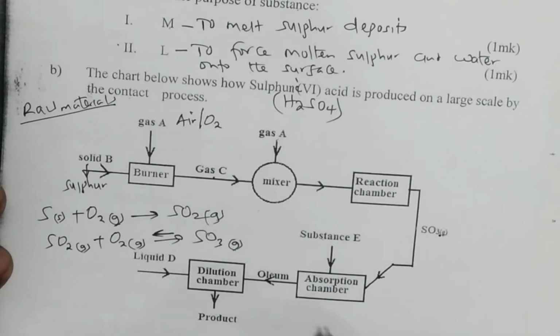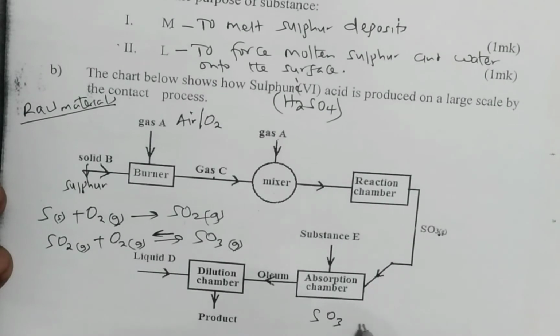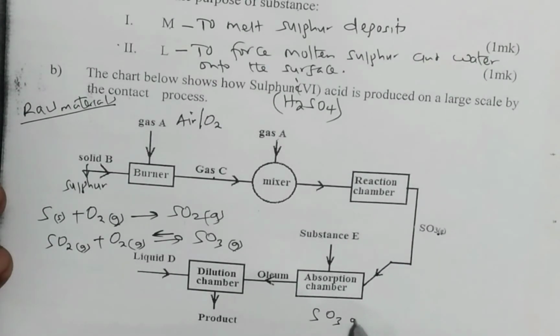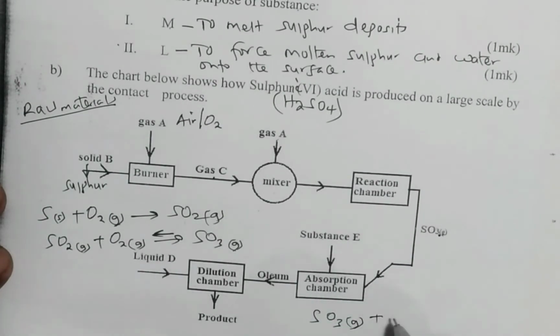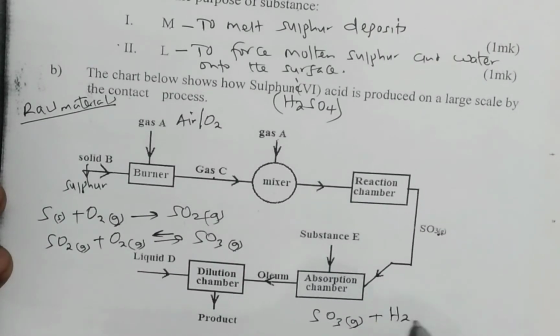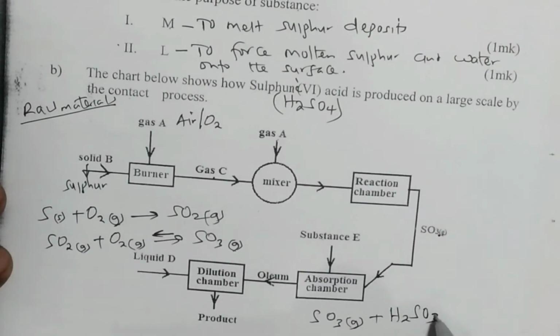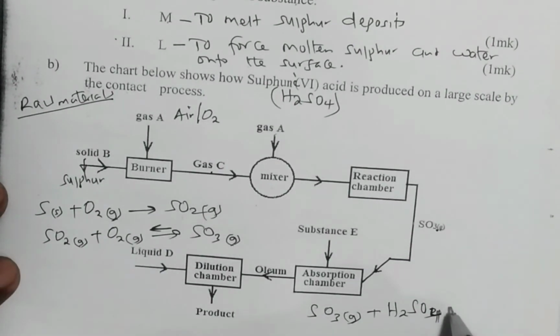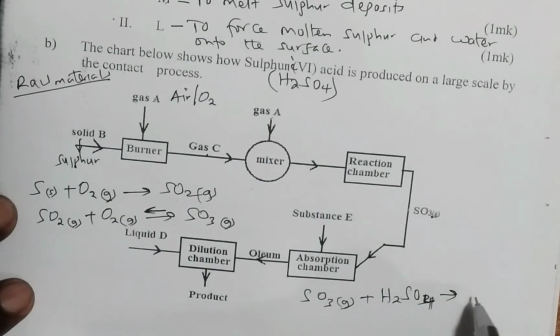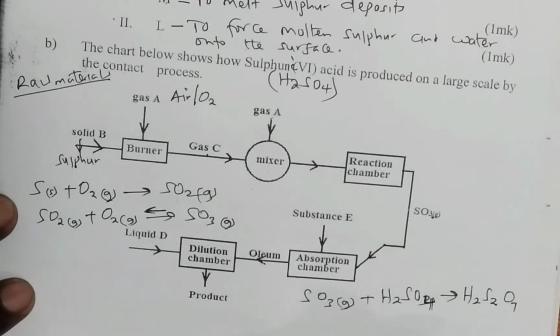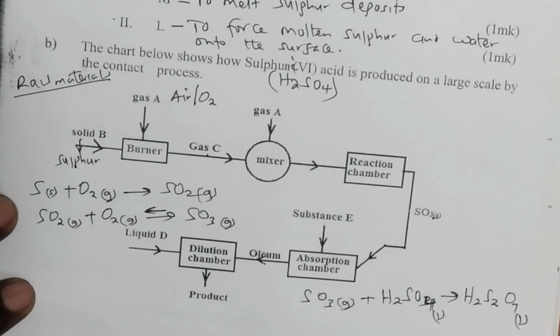Sulfur VI oxide is reacted with sulfuric acid to form oleum, which is H2S2O7. This is a liquid. This is also a liquid because this is concentrated sulfuric acid.